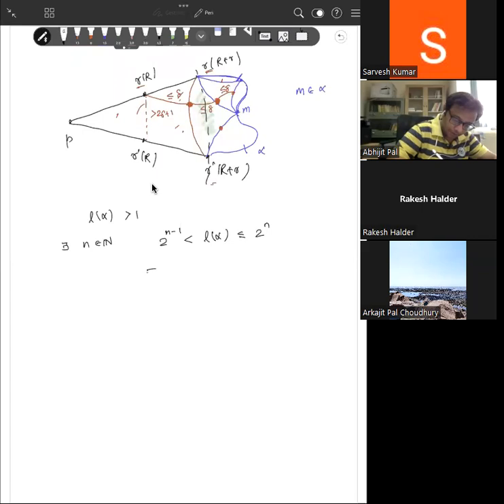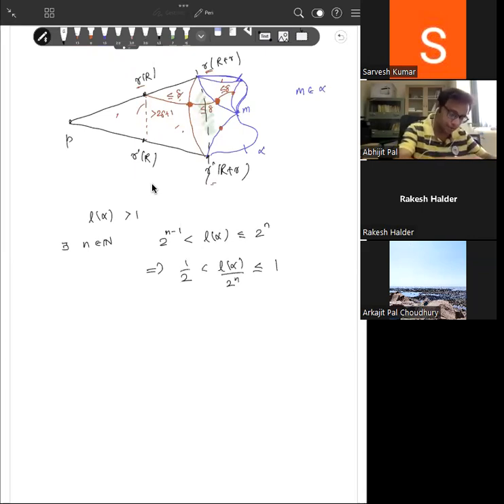This implies that half is less than the length of alpha by 2 to the power n, which is less than or equal to 1. So you continue up to the nth time, and after n you stop. Then we'll have an nth subdivision of this alpha.